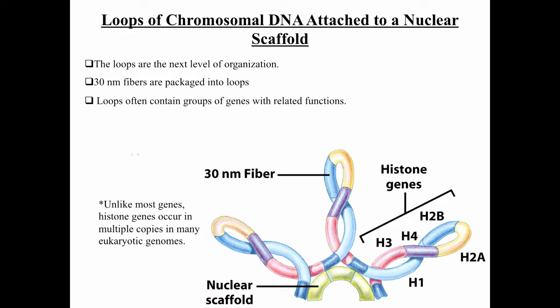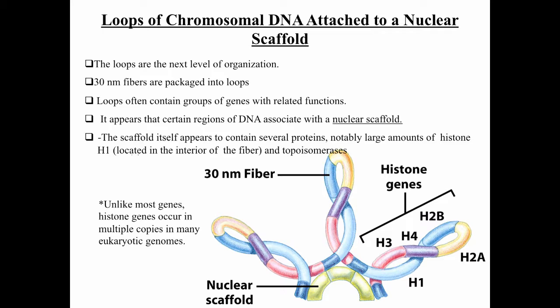Very interestingly, these loops often contain genes that have related functions. And the loops themselves will associate with a structure called the nuclear scaffold, which is an assembly of a bunch of different proteins, including histone H1, as well as topoisomerases.